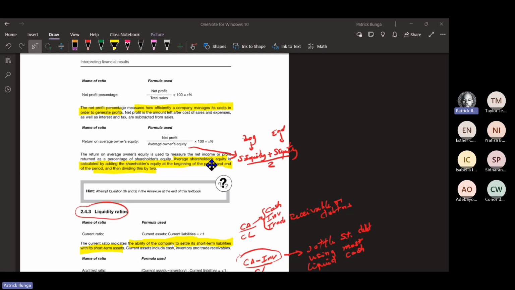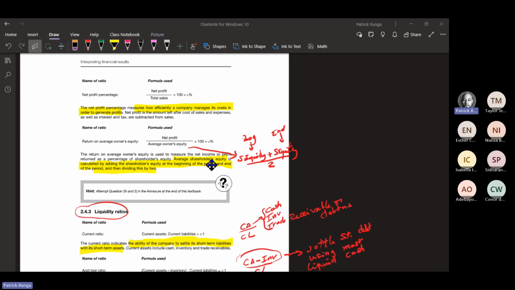So the return on average owner's equity, it says there average. So obviously you're going to be taking an item that is coming from your income statement, your net profit, with an item that is coming from your balance sheet, right? So check there, the average. If you have 2 years, they give you two years.